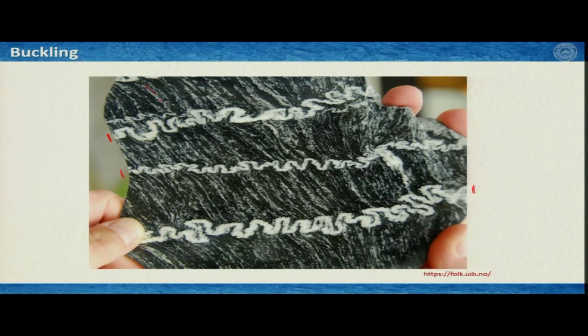These are the axial planar cleavages going on like this, and you see the wavelength here is higher than the wavelength here. So, this is how we understood now that buckle folding is an active folding where layer parallel compression is required to produce buckle folding.